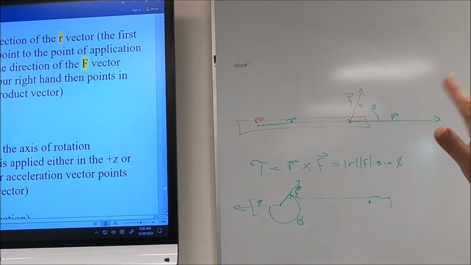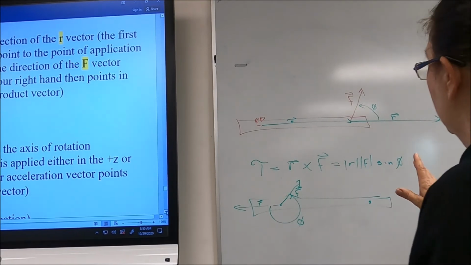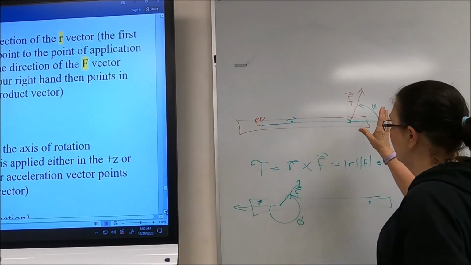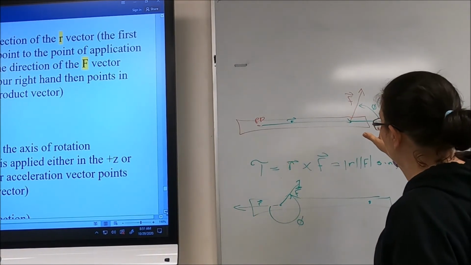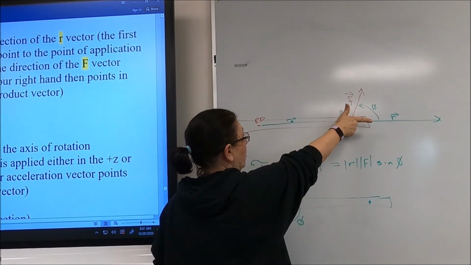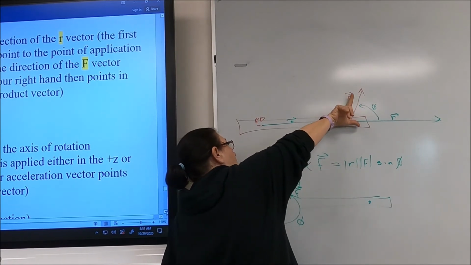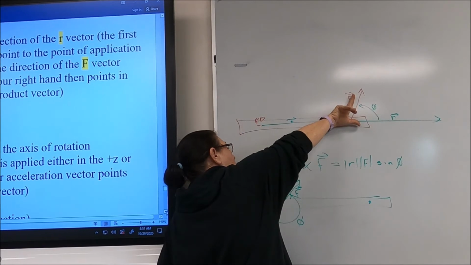Okay. So think about your right hand rule. If the torque is going into the board, like we see up here. Let's see, excuse me. R cross F out of the board. If the torque is coming out of the board, you're looking at a counterclockwise rotation.